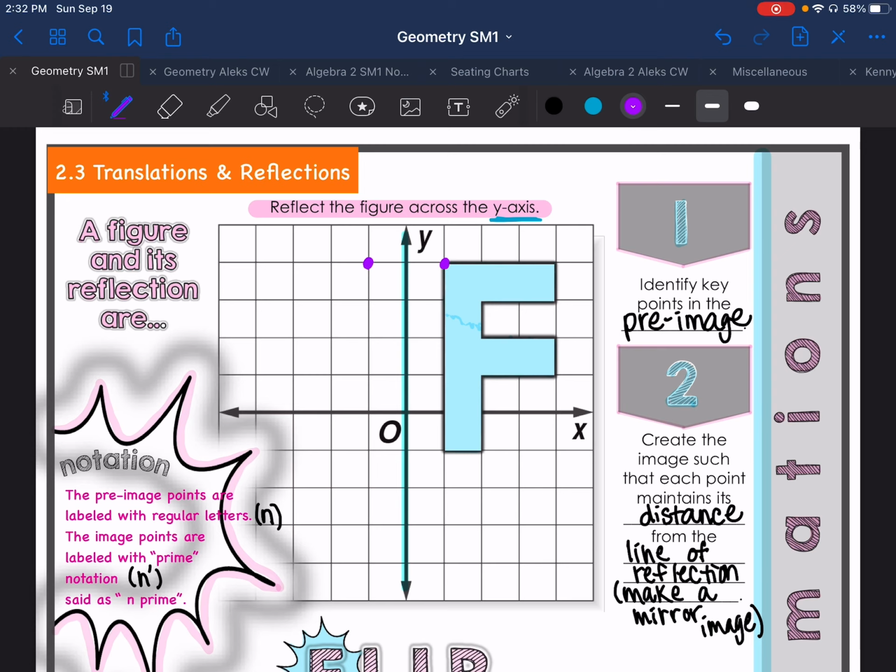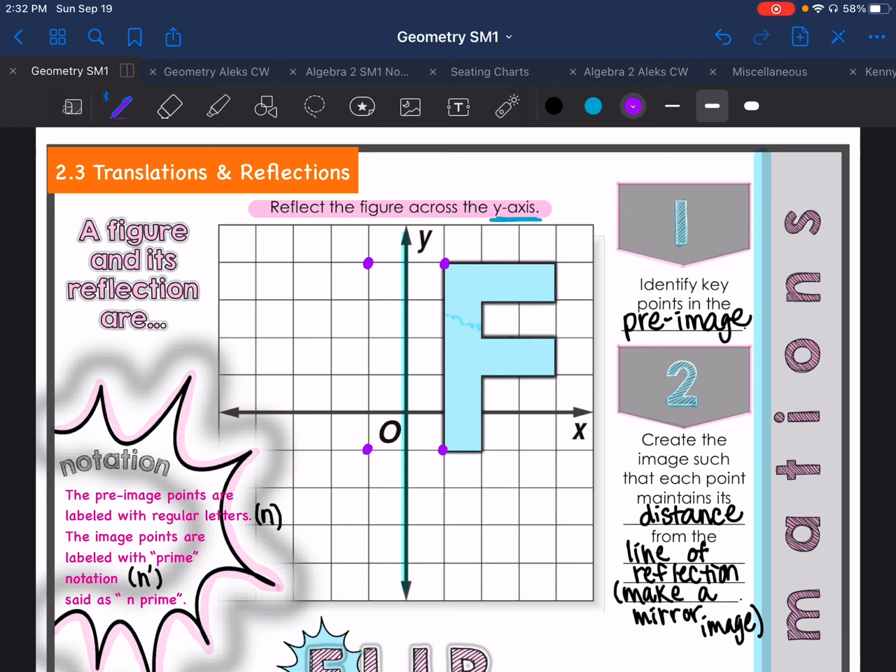I don't have to do each of these little points right here. I can go down to this next point. I can see that it's one away, so I go one away and there's my next image point. Now I can decide to go top or bottom.